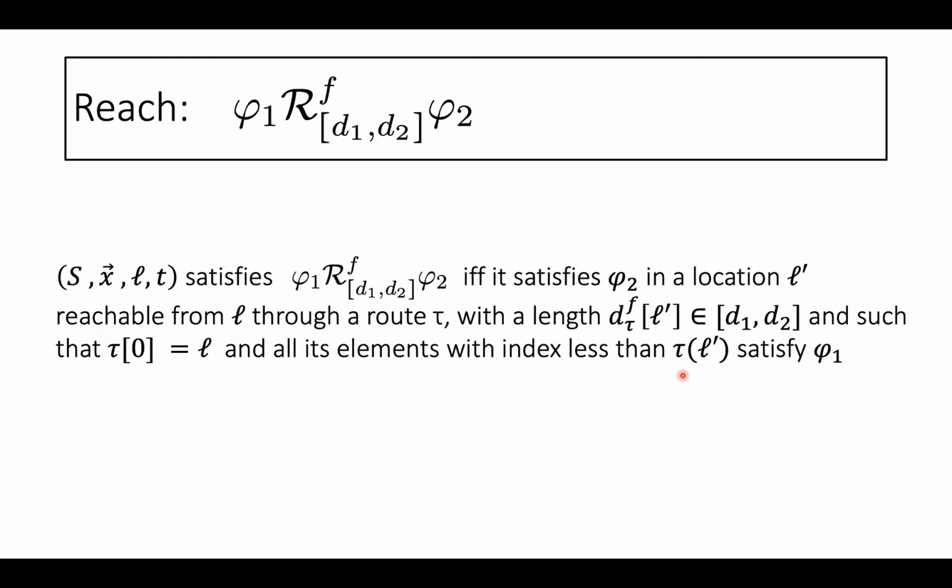We consider the route from L to L prime, and all its elements with index less than tau L prime satisfy phi1. So we have a route that goes from L to L prime, and all indices before L prime satisfy phi1, and the route at the index where there is L prime satisfies phi2.